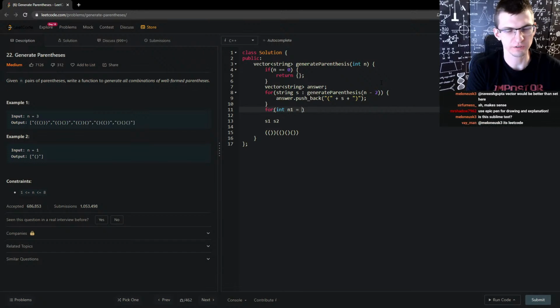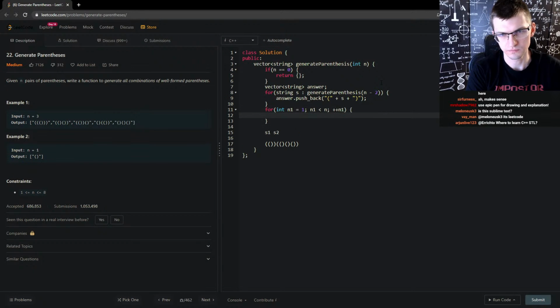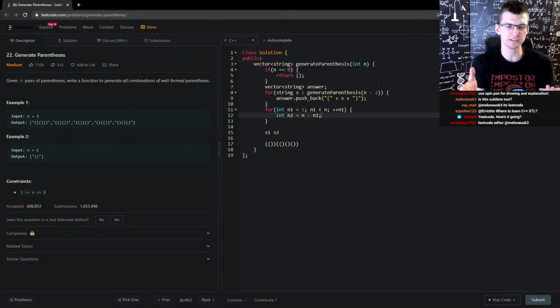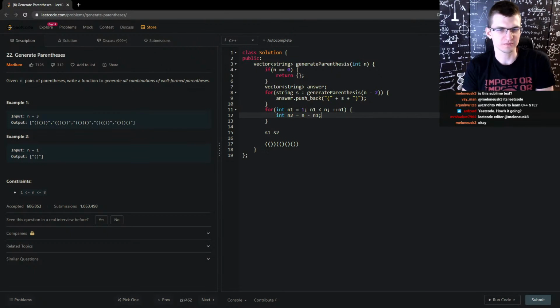Actually, every such sequence has even length, but it doesn't matter. Like if, for example, my length is 6, then I will consider splitting into 1 and 5, but they just will not generate anything. That's like whatever.